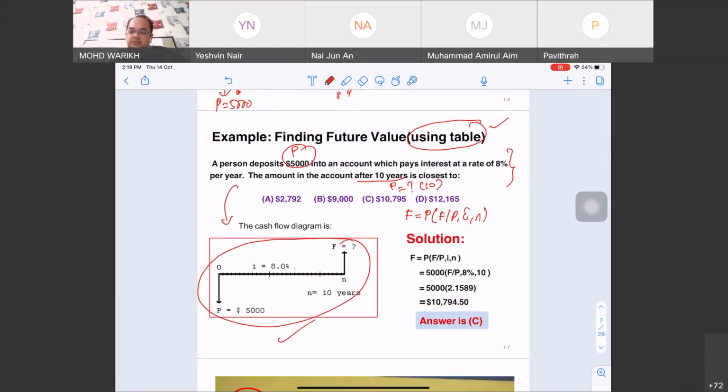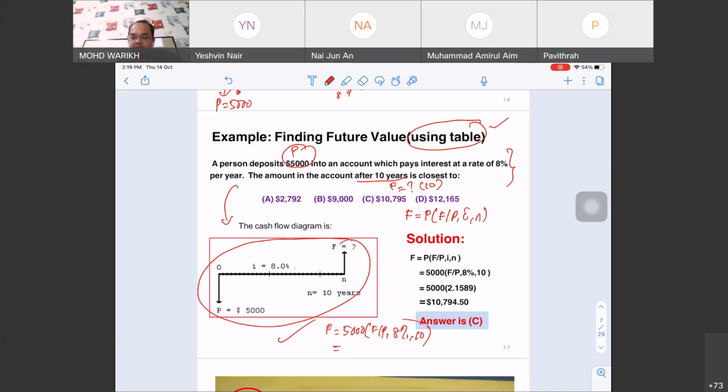Then just write F equal to 5,000, P is given. So F over P function, i is 8%, and the number N is 10, correct?